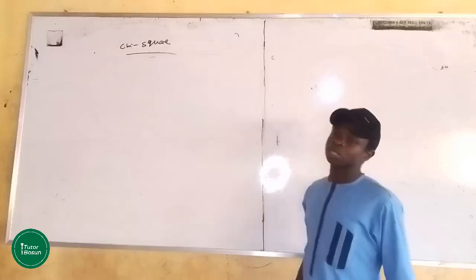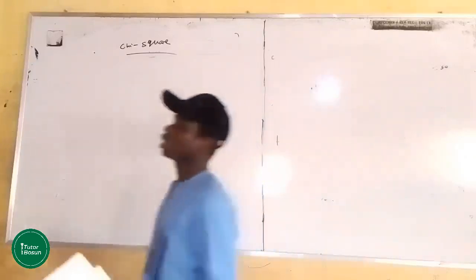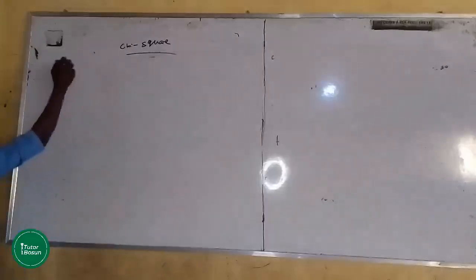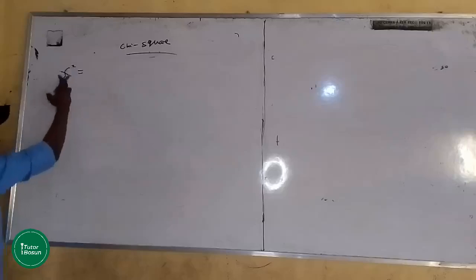Just like your z-test and your t-test, chi-square also has a formula. The formula of chi-square says just s square, and this s square is your chi-square, represented with x square.